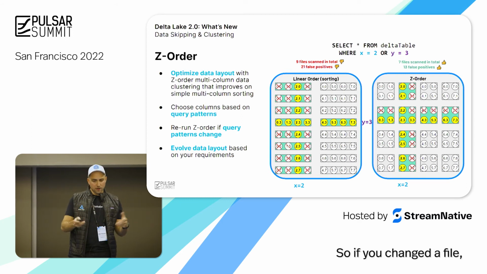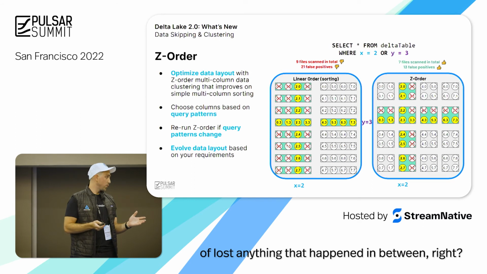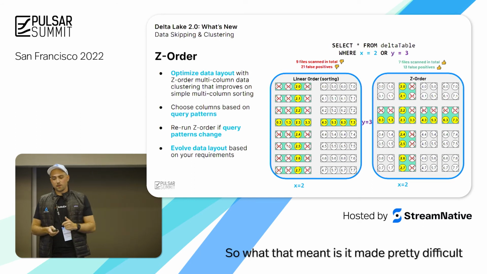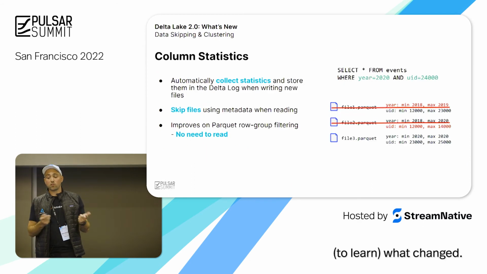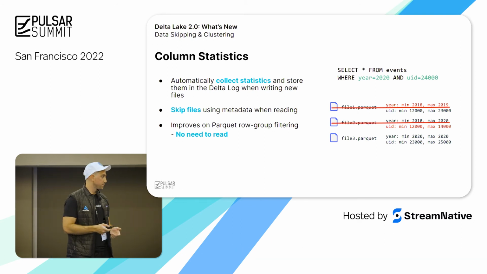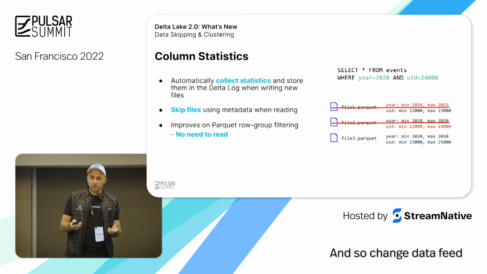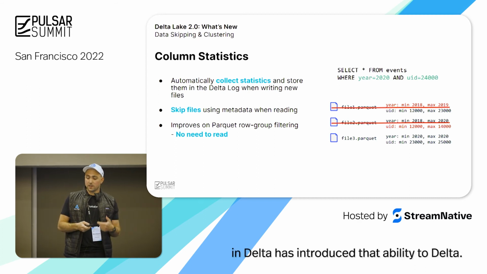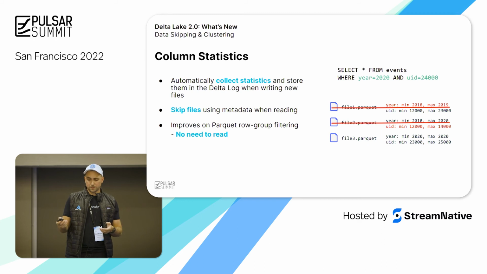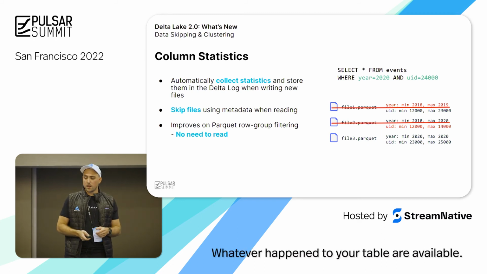So if you changed a file, it changed in place, and you lost anything that happened in between, right? That made it pretty difficult to tell what changed. And change data capture, a common pattern in all of data, is super important. So change data feed has introduced that ability to Delta. Now row-level changes to whatever happened to your table are available.